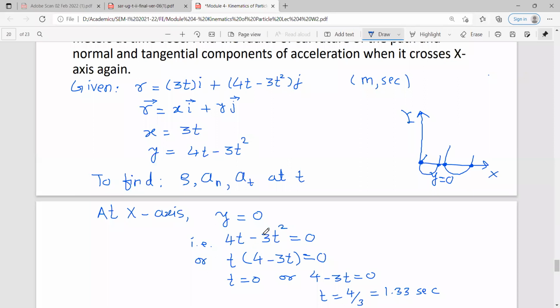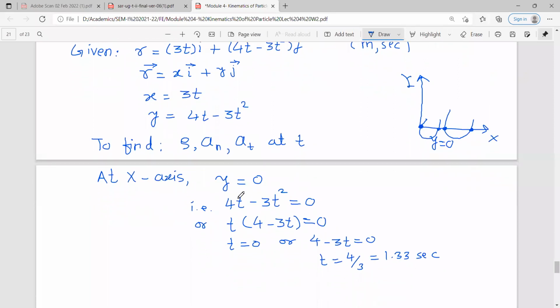From this equation we calculated that either t equal to 0 or t equal to 4 by 3. So once the particle was on the x-axis when time was 0, at the start, and it will again come on the x-axis when time becomes 1.33 second. So we have to calculate all these three quantities when time is equal to 1.33 second.